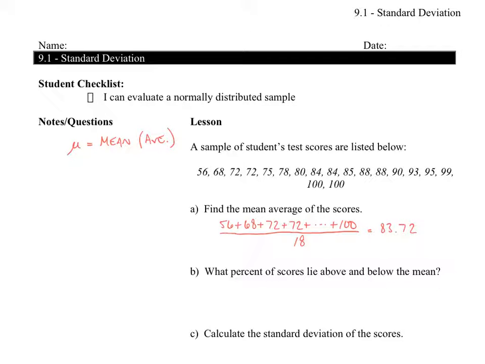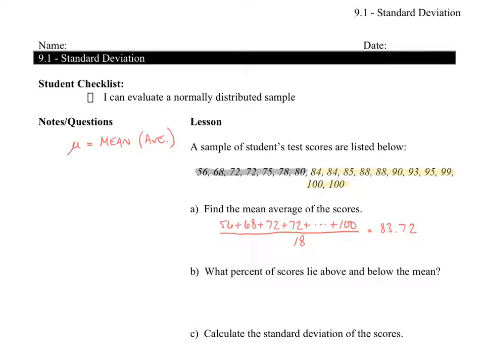Okay, so what percent of the scores, if we go down to B, lie above and below that mean? And so luckily they're all ordered chronologically and from least to greatest. So we could say that numbers that are above that average, maybe I'll highlight those in yellow, 83.72, well 84 would be greater than that, and all of these numbers would be greater than the mean, but we also would have all of these numbers that are less than the mean.